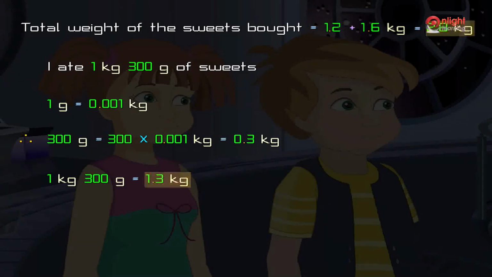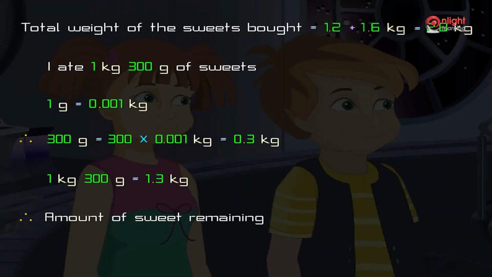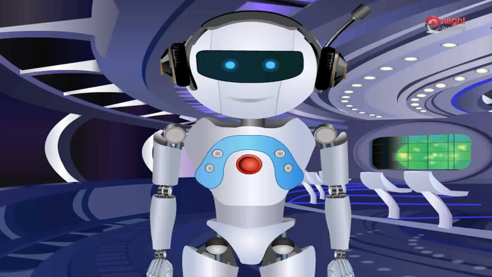Since all quantities are expressed in a single unit, we can now subtract them. Therefore, amount of sweet remaining is equal to 2.8 minus 1.3 kilogram is equal to 1.5 kilogram is equal to 1 kilogram 500 grams. Very good.